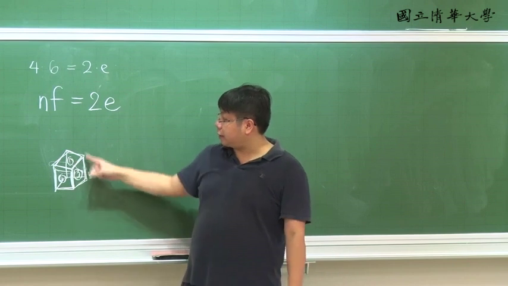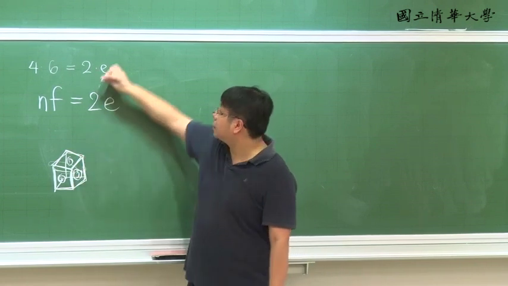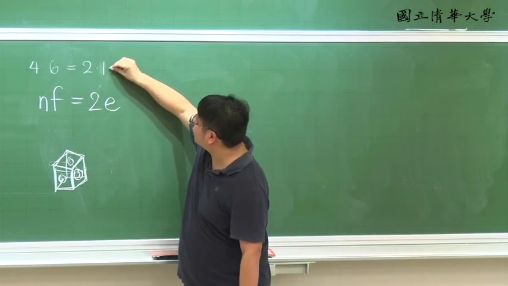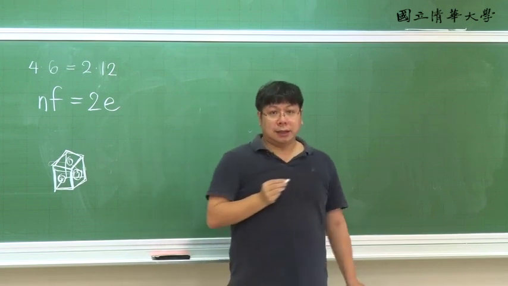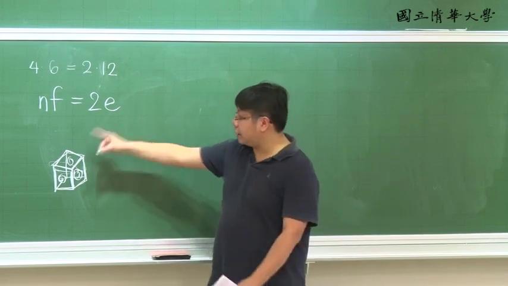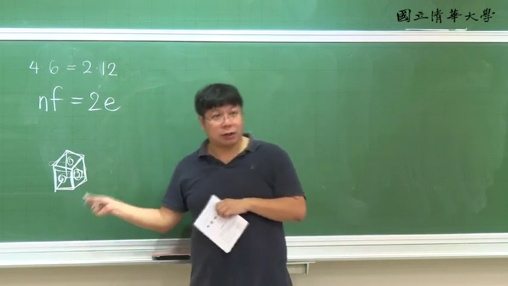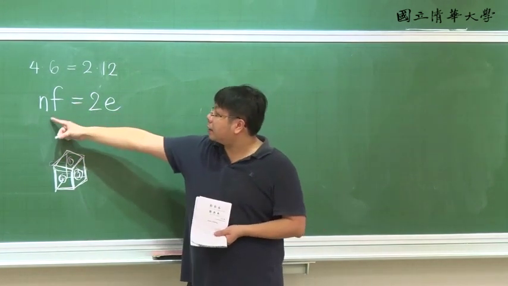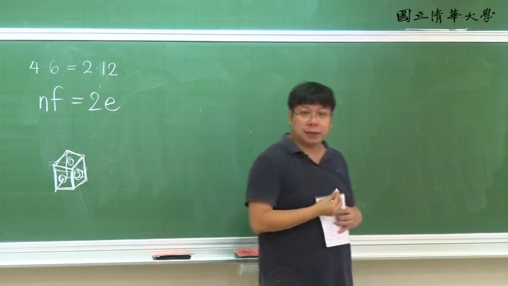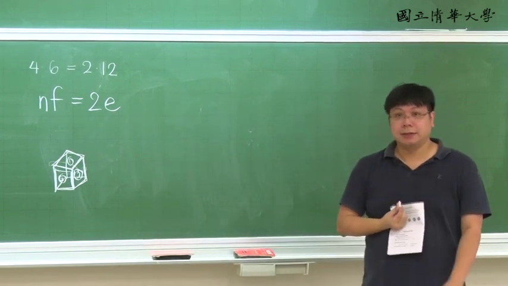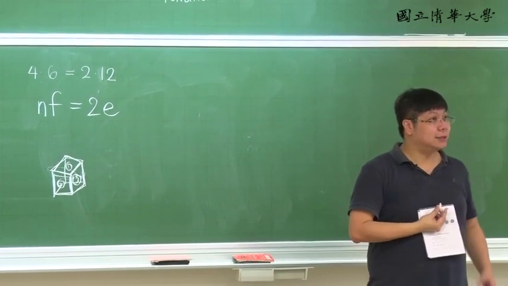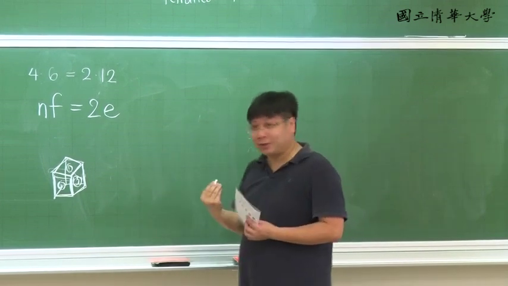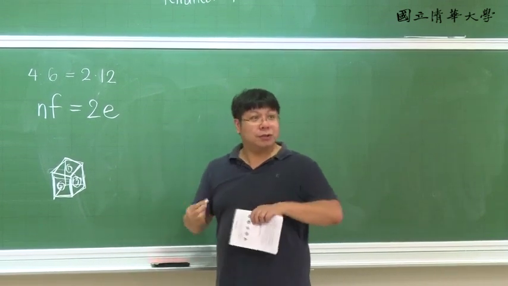If you count the number of edges, it turns out to be 12. There are 12 edges here. Is that okay? So this is just the example for this solid. For any Platonic solid, we must obey N times F equal to 2 times E. Is that okay? Good.